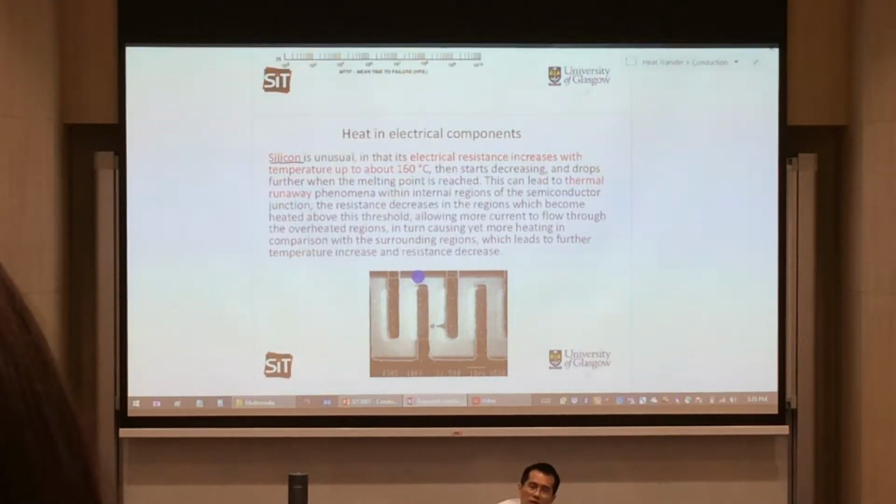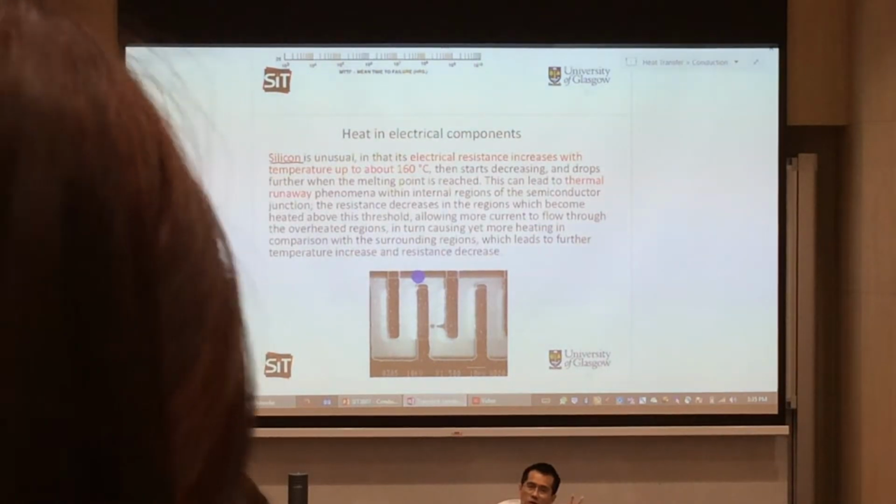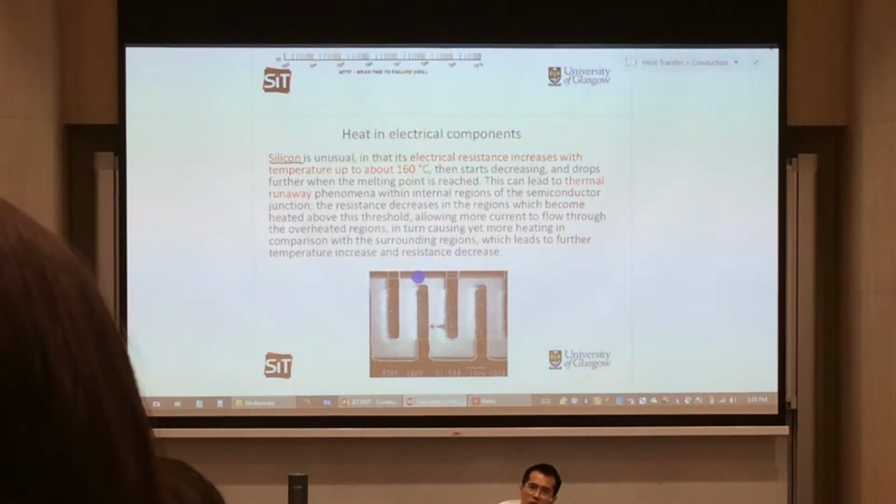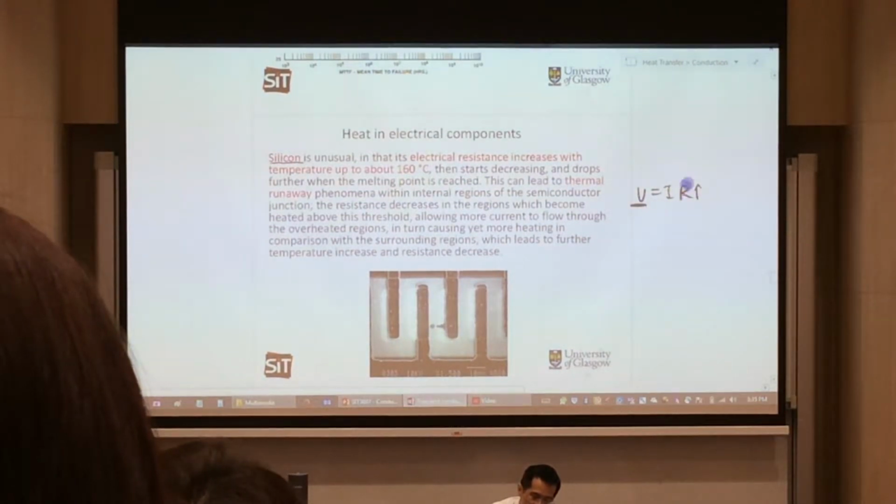Now, if you think about Ohm's law, V is equal to IR, whenever I say resistance is increased, how about current? If I have a constant voltage and the resistance has now increased, how about the current? Will it increase or decrease? The current will increase, right? Because V is equal to IR. If R is going to increase and V is constant, then I is going to increase.